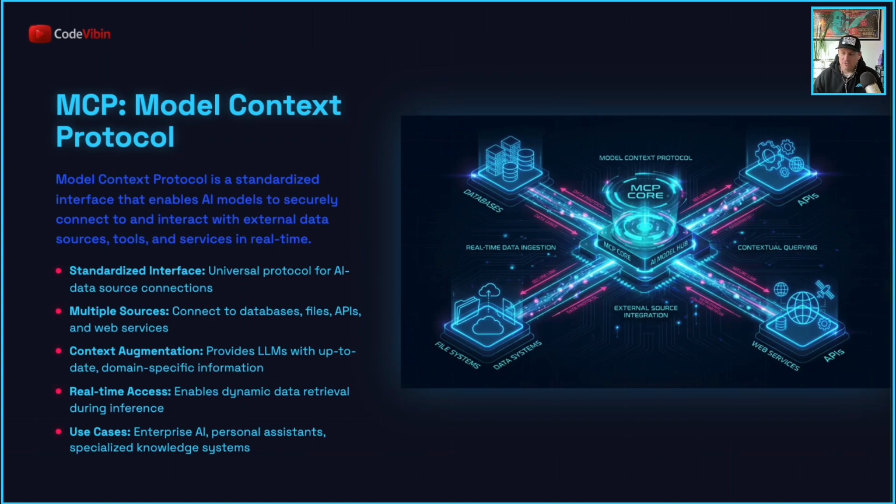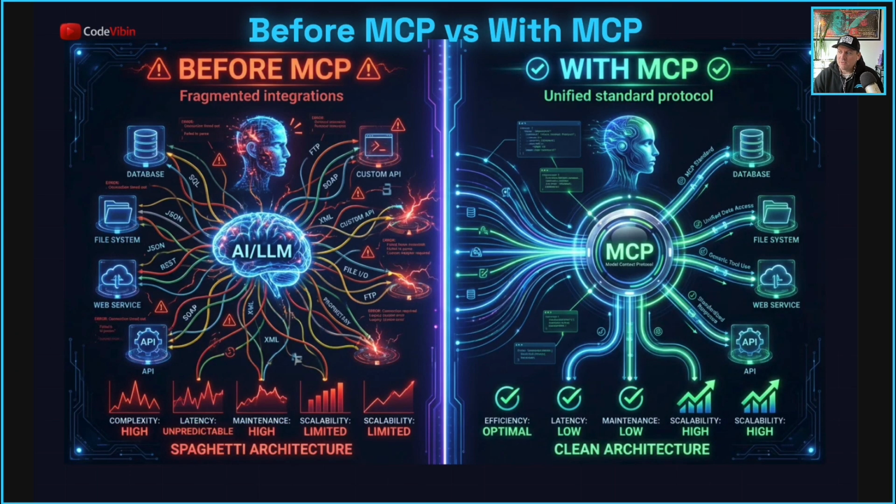So pretty cool. Before MCP versus with MCP. Before MCP, it's like fragmented integrations: lots of APIs, FTP, all of this developer stuff that a lot of developers would take forever to develop, to extract and access databases and file systems and web services and API calls. It's complex, with latency issues, maintenance issues, and limited scalability.